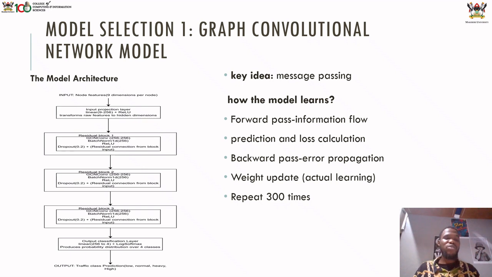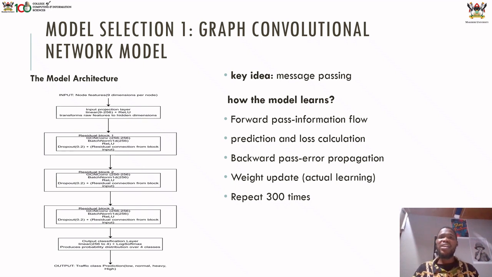Then if we go to the next rectangle, we have the residual block 1. If you look at it, we start with the GCN convolve, right? And the basic idea is message passing here. The traditional neural networks, for example the MLPs, have nodes independent of one another, so there is no message passing.